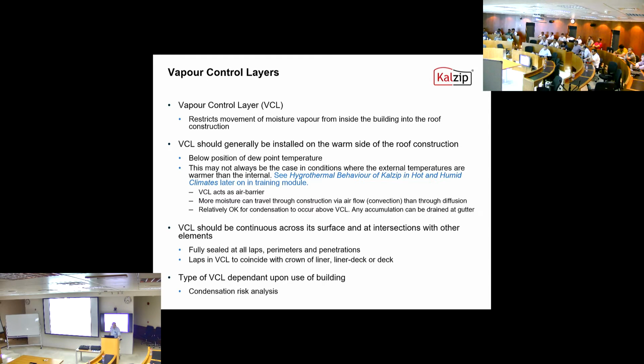Things to be careful of with VCLs is to make sure the laps and penetrations are all fully sealed, and interfaces. Ideally you want the laps of the VCL to coincide with the crown of the deck or the liner deck. And also the VCL type, in terms of vapour resistivity, should be determined by the building class and how much humidity is likely to occur in that building.